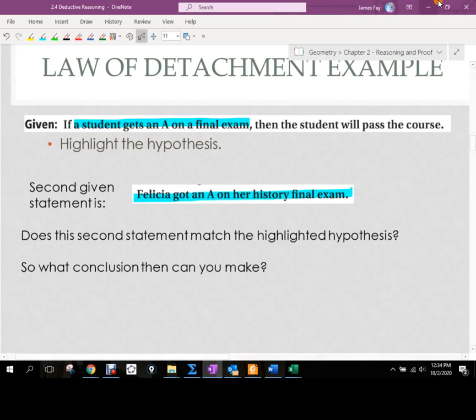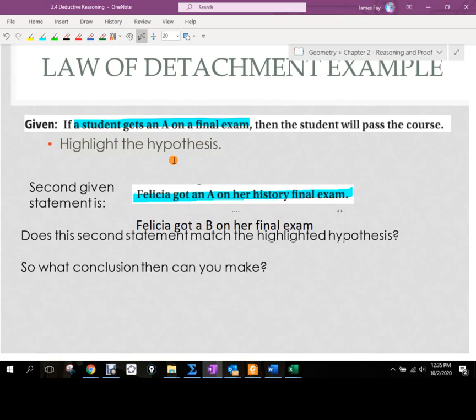Well, if I said something like this, let's say my second statement was Felicia got a B on her final exam, okay? Does that match the original given if part?